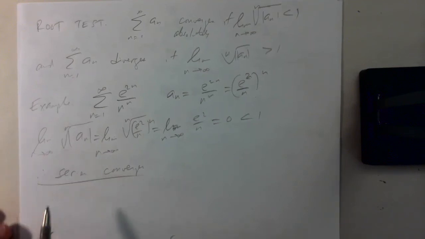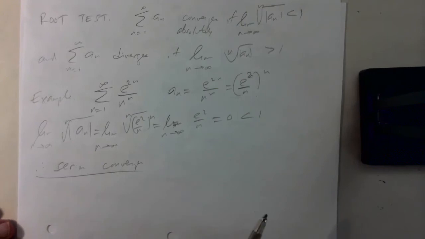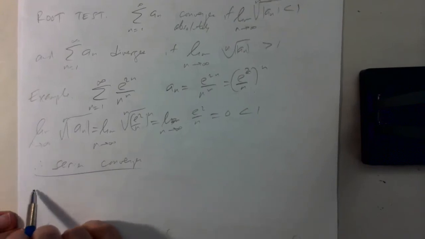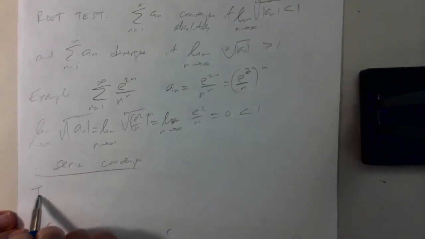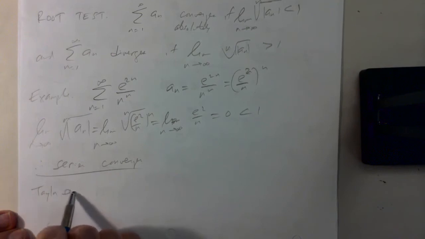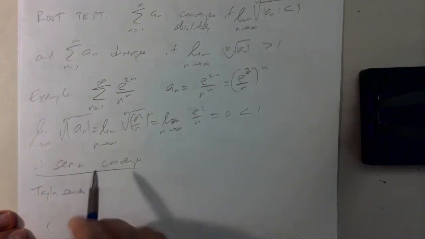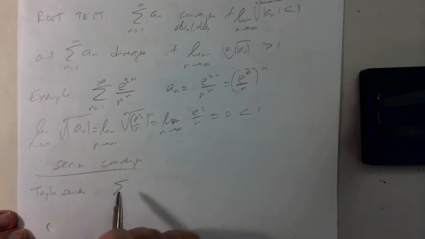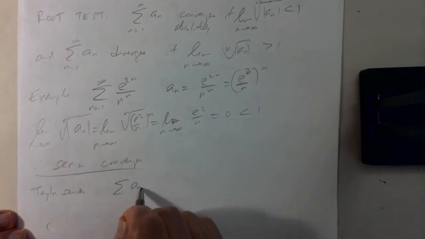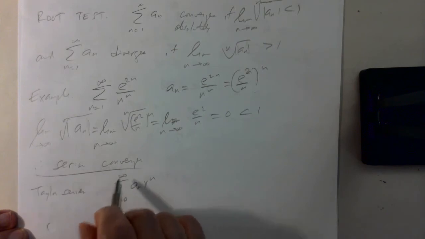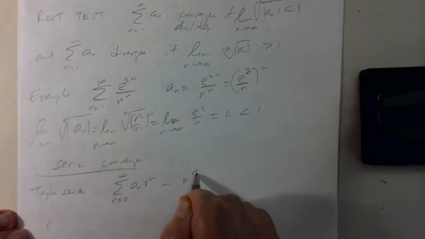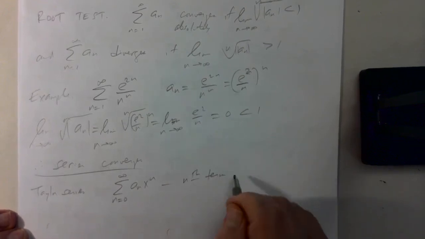And the important application to Taylor series is the following. Recall a Taylor series is of the form, well, an example would be summation a sub n x to the n, n goes from 0 to infinity. So the nth term is a sub n x to the n.